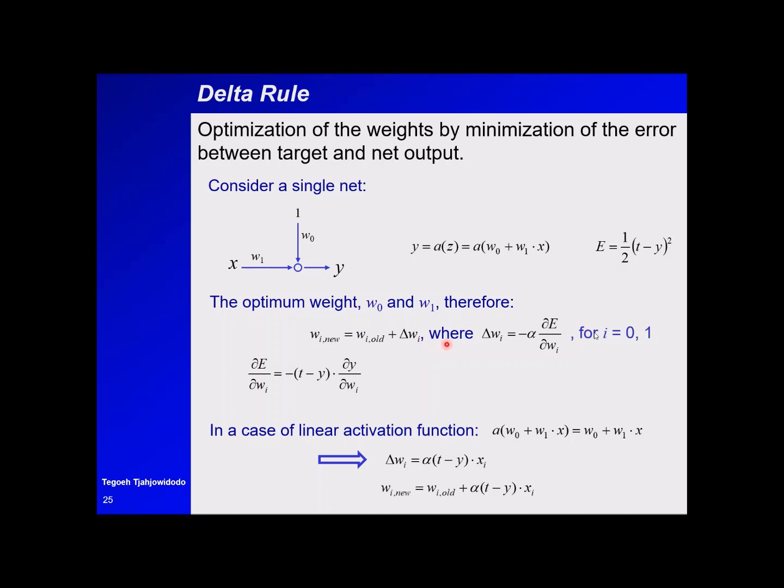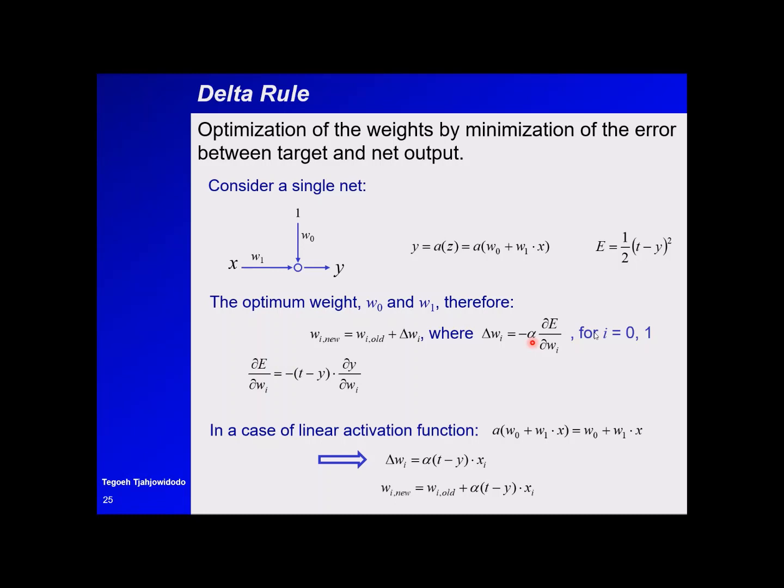Where of course the delta Wi, in this case i is 0 and 1, will be proportional to the negative of the first derivative of the error with respect to the corresponding W, with the factor of alpha here, where alpha is the learning rate, how fast we expect the update of the weightage to converge to the optimal weightage.